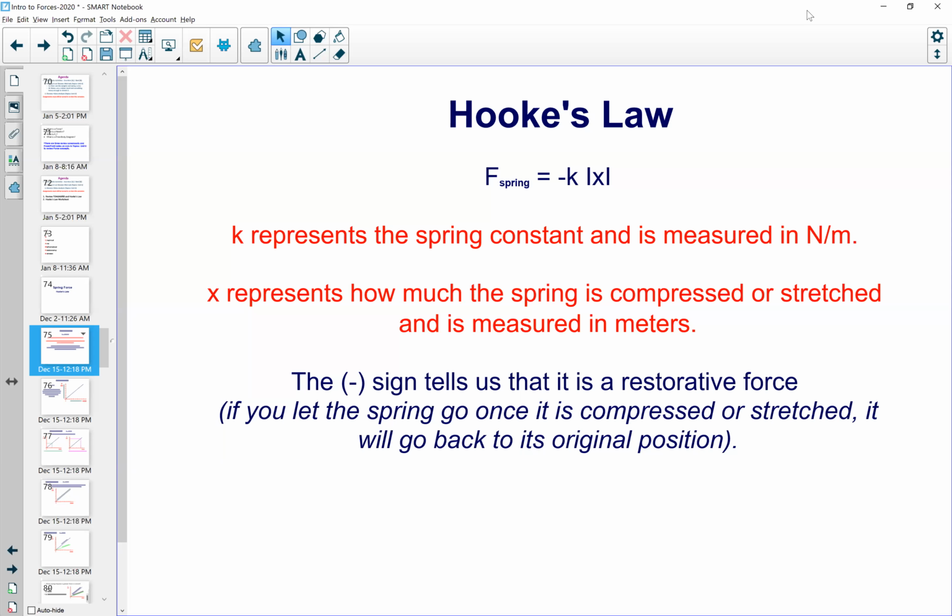Okay, so they always push or pull opposite to the way we push or pull on them. And the whole goal of that push or pull by the spring, that force by the spring, is to restore its relaxed original shape. So any questions about Hooke's law, the formula, or the values, the signs, anything?